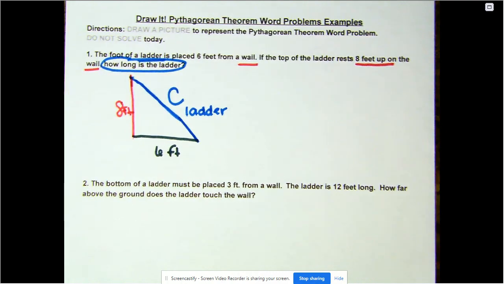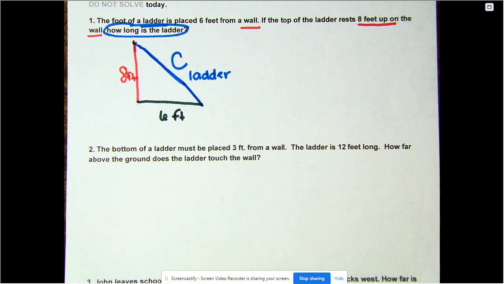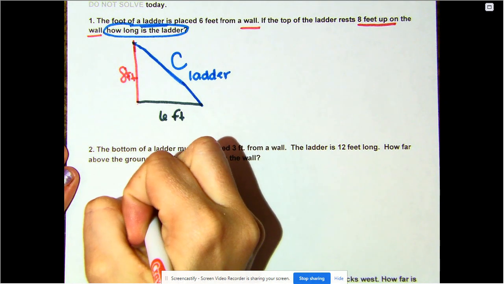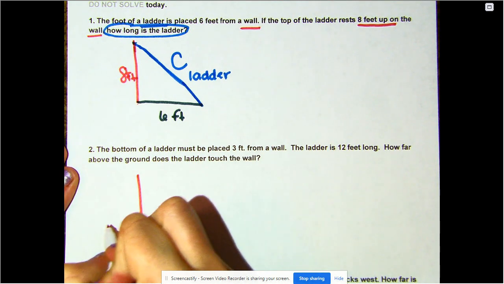Number two, the bottom of a ladder must be placed 3 feet from the wall. Again, I'm going to draw a wall. I think I'm using red because I'm thinking of a brick wall. So this is your wall.